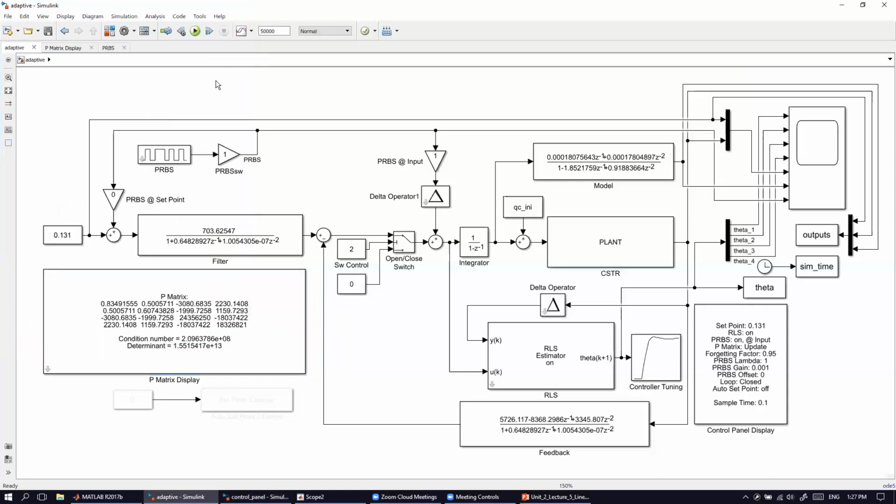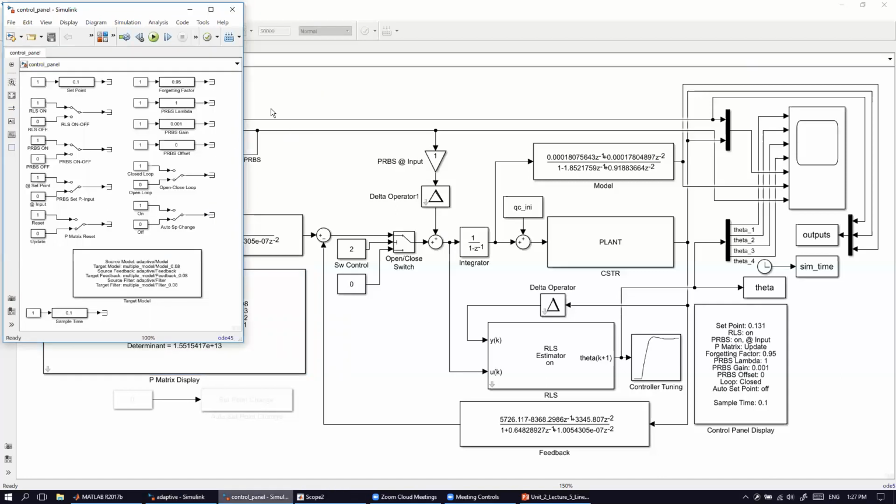Okay, so here I have a control panel, as I said, in which I am running the simulation. First, I am going to run the system for a while in open loop. That means I give a little bit of time to the estimator to estimate the parameters, so that the controller gets tuned automatically.